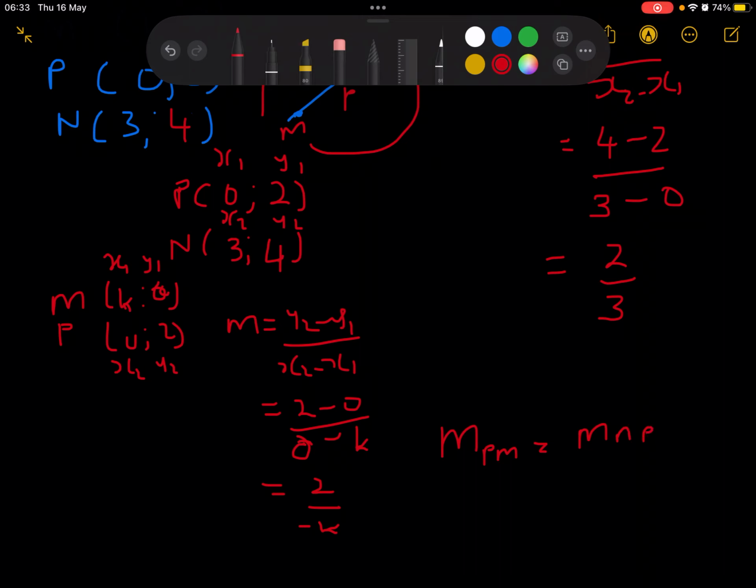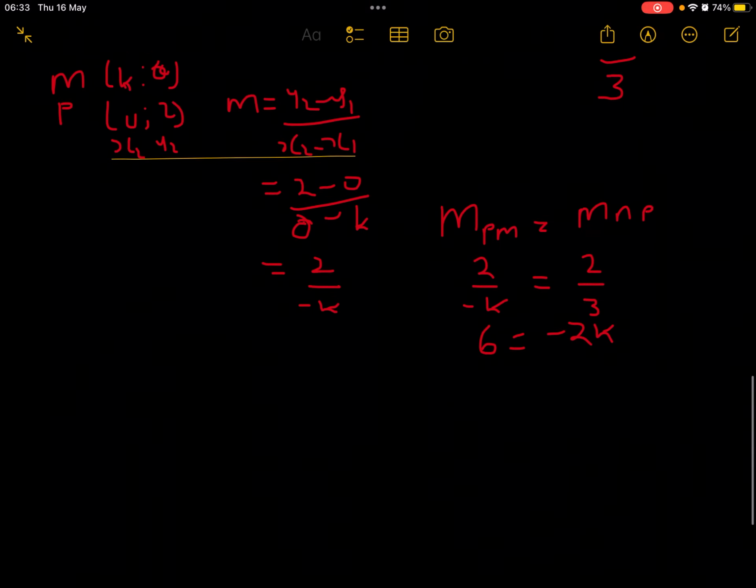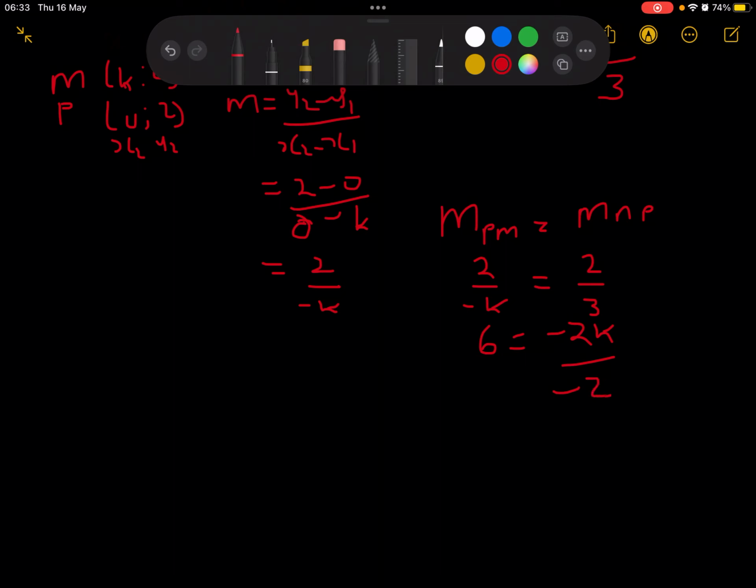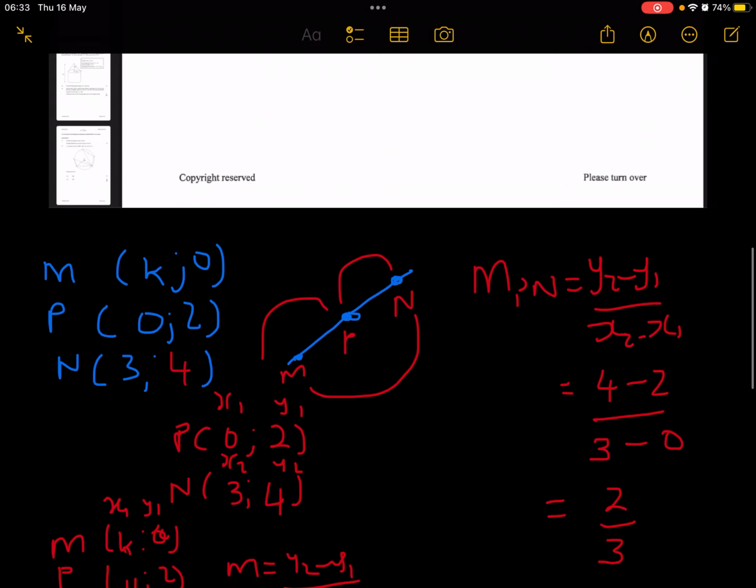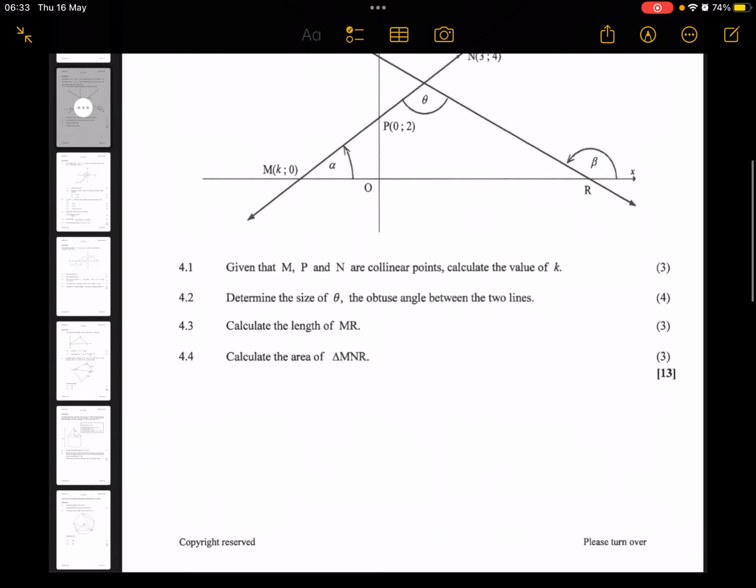Now this is 2 over negative k is equal to 2 over 3, which then gives us a 6 is equal to negative 2k, and then we divide by negative 2 on both sides, and we find that k is equal to negative 3. So we have the value of k, which means now we have the value of point M.